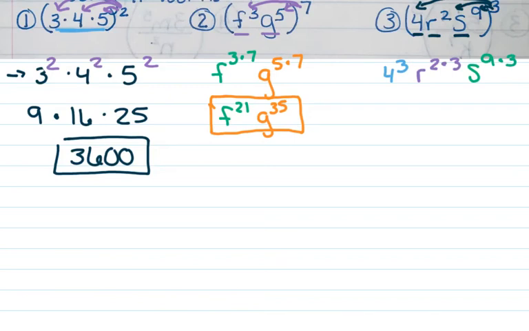I can simplify that. 4 raised to the 3rd power means 4 times 4 times 4, so that's going to simplify to 64. 2 times 3 is 6. And then s to the 9 times 3 is 27.